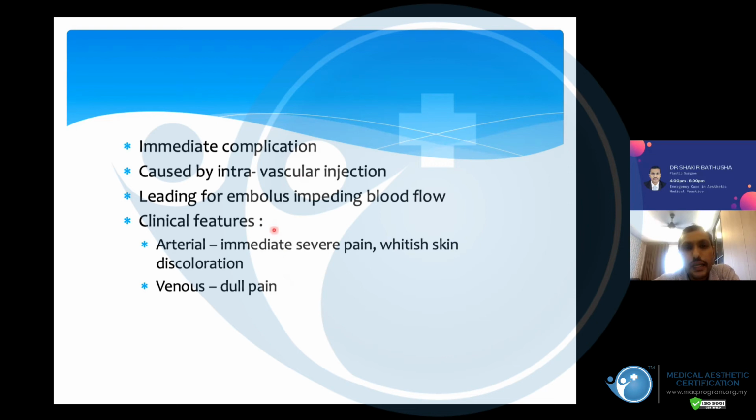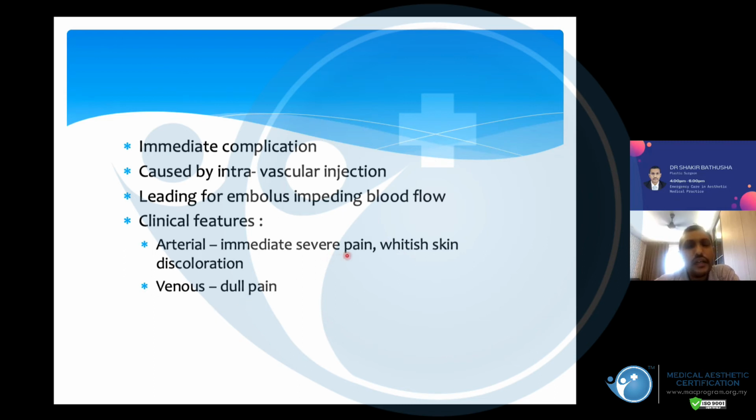Sometimes if you're injecting the marionette line or nasolabial fold, you may inject into small branches of the angular artery or the facial artery. Let's say the branch goes to the upper lip, and the patient comes with severe pain and whitish skin discoloration, because there is no arterial flow and the artery is embolized with the filler material.